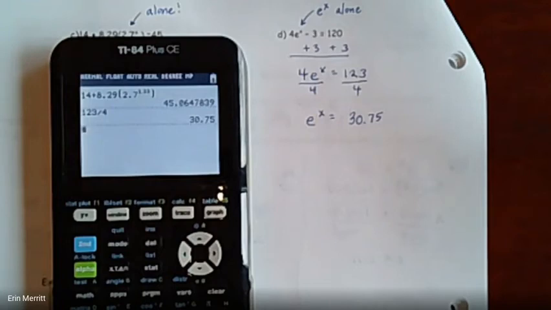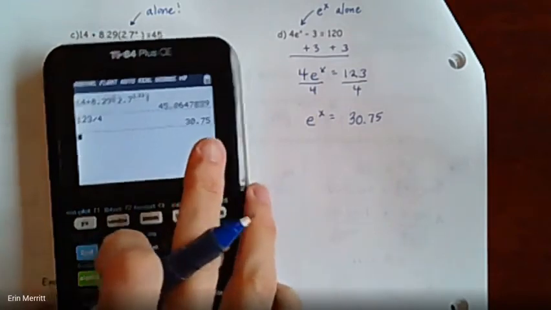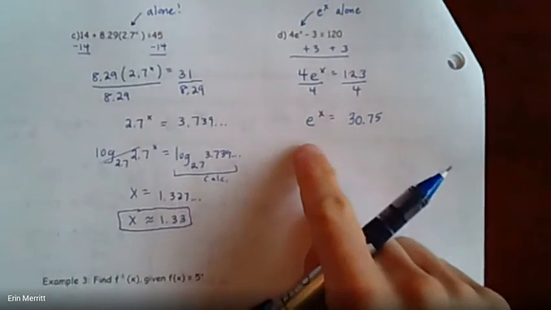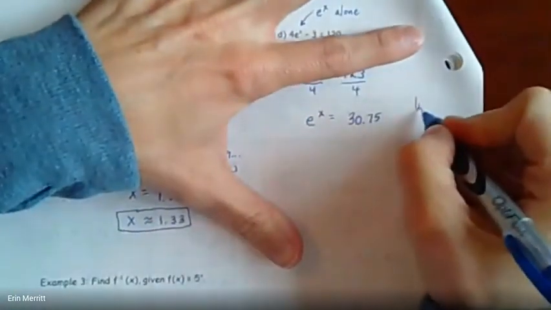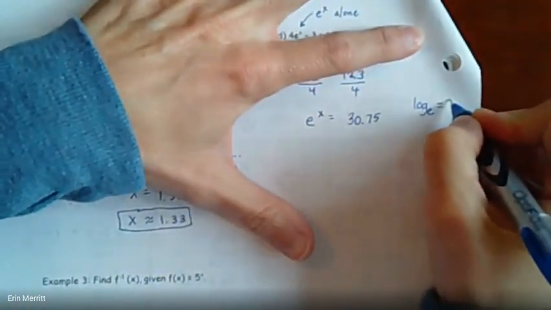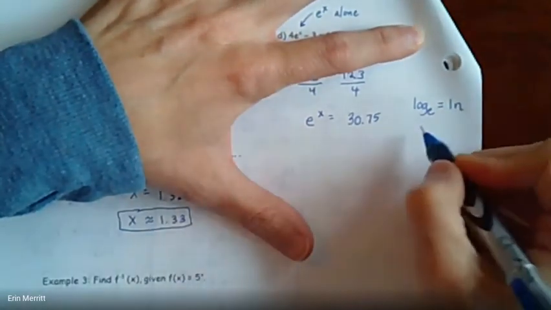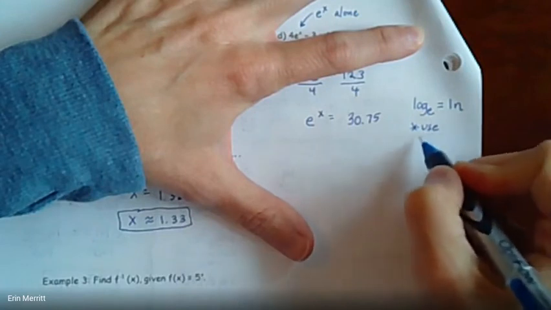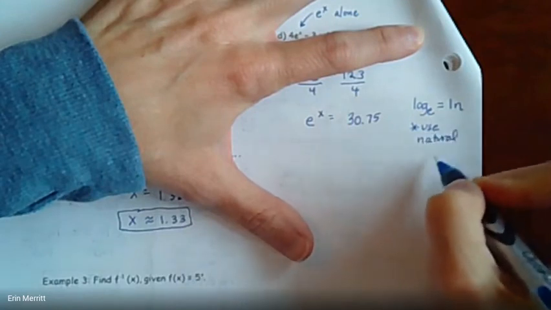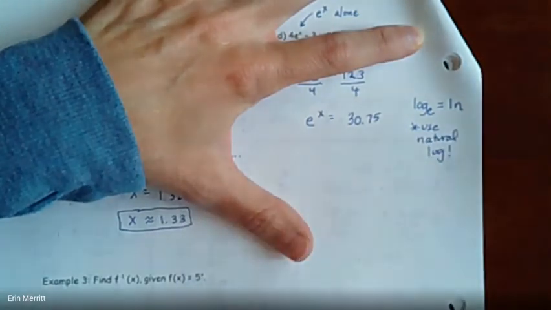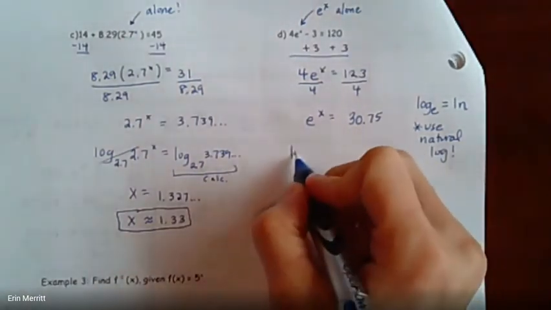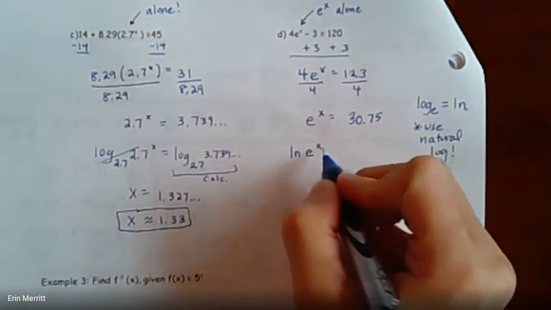All right. Technically, what we would do is log base e on both sides. But log base e is natural log. So here's where natural log comes in handy. So on the left-hand side, I'm going to take the natural log of e to the x.